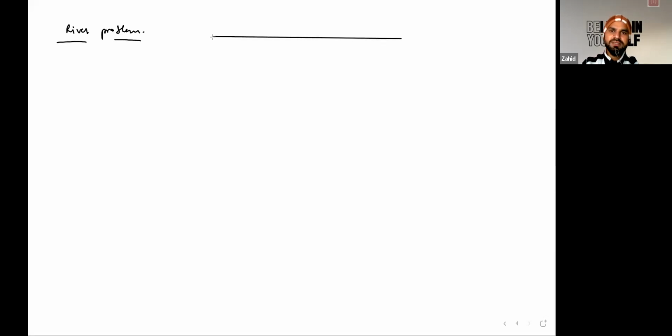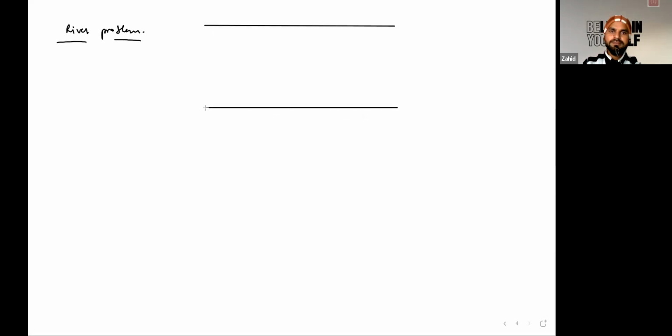Suppose there is a river whose width is W, which is flowing towards east at some velocity u.